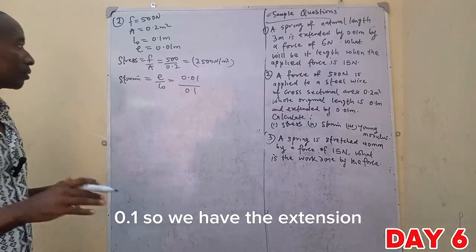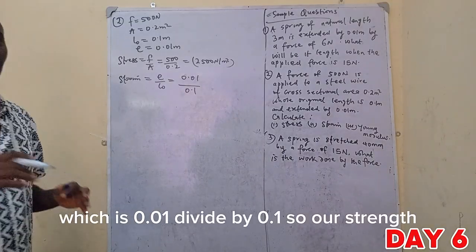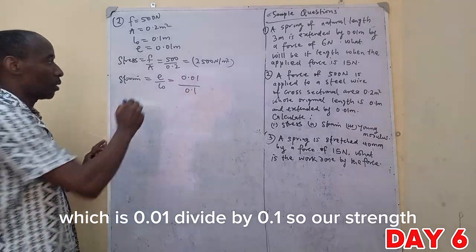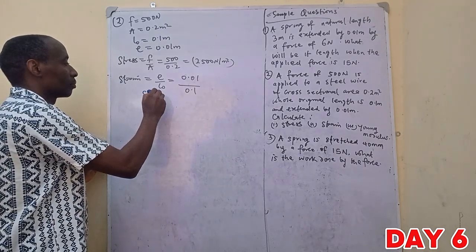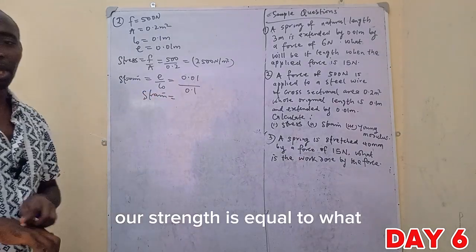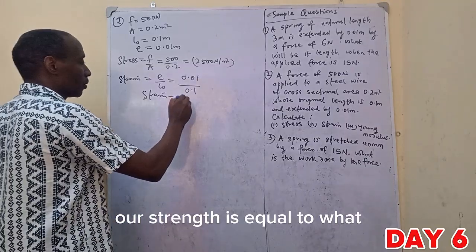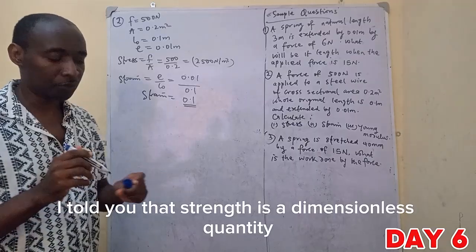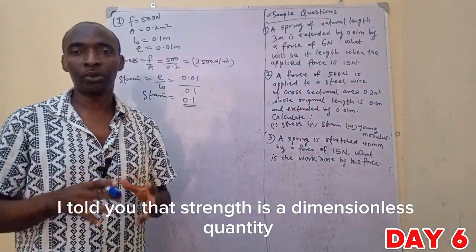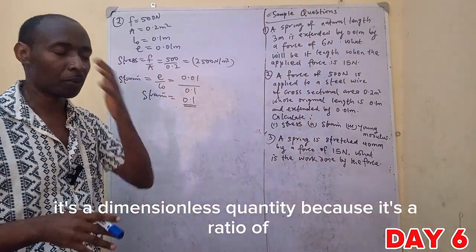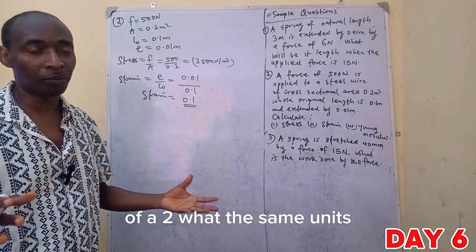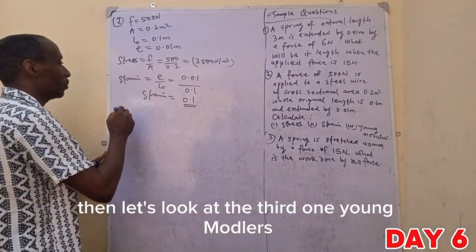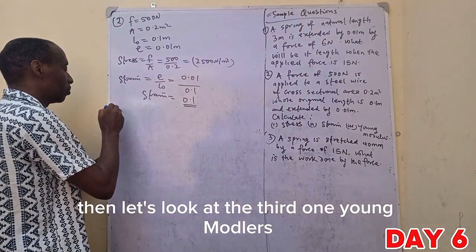So we have the extension, 0.01, divided by 0.1, so our strain is equal to 0.1. Remember, I told you that strain is a dimensionless quantity, because it's a ratio of the same units.